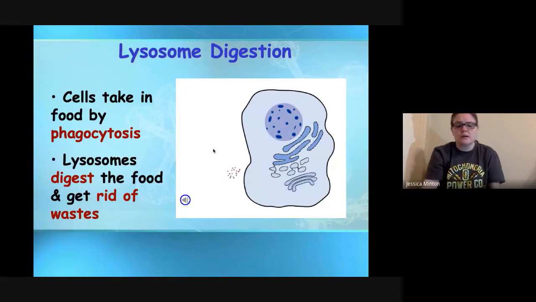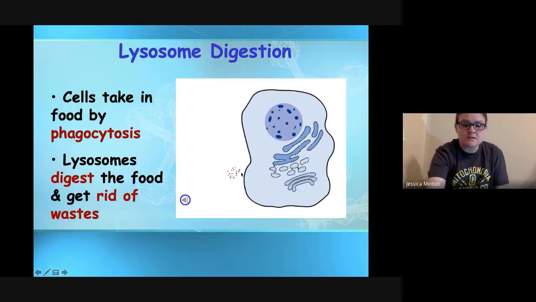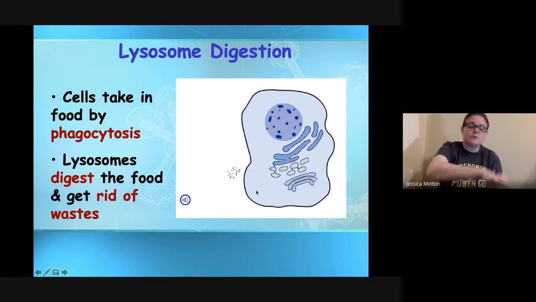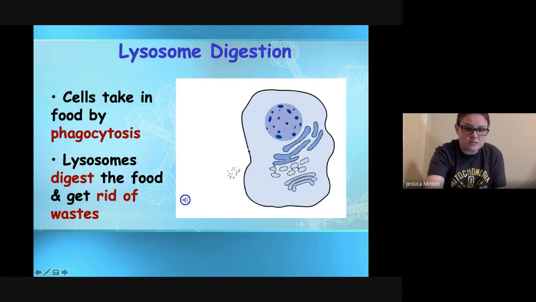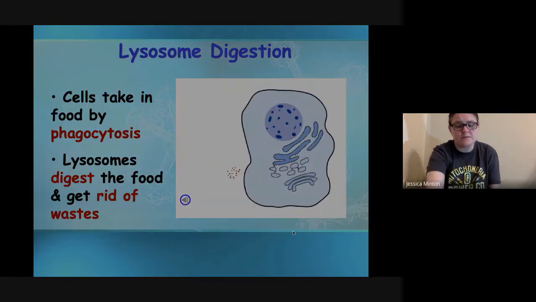If the food comes in, it surrounds it and pushes it into the cell. It can also pinch off and send something out the other way if it needs to get rid of waste, so things can come in and things can go out of that organelle.